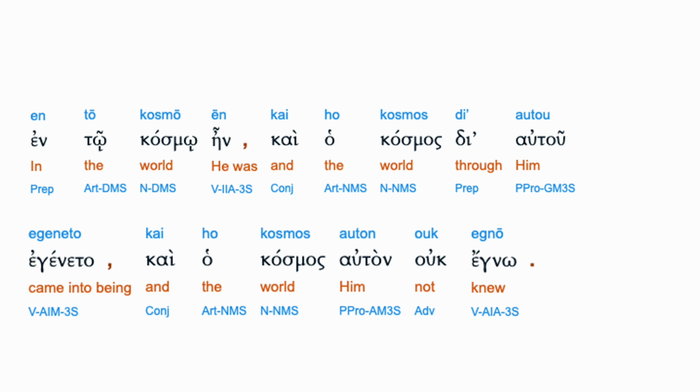But it's quite important, the one about coming into being. It's what we get genesis or genetics from. And remember, it's a hard g sound, not a j sound, like jump or giant, but g sound, hard g, egeneto.